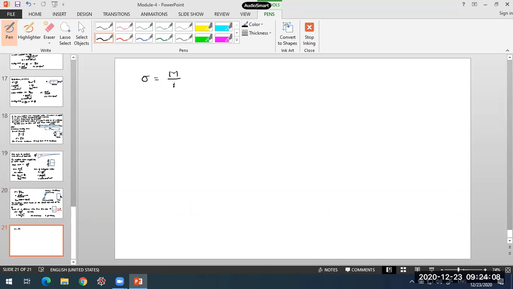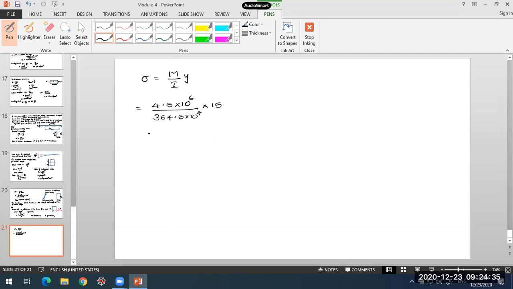Sigma is equal to M by I into y, or this comes out as 4.5 into 10 raised to 6 Newton mm divided by I, 364.5 into 10 raised to 4, and y here will be 15 mm.